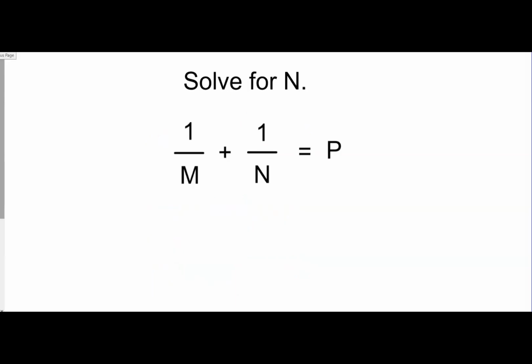Look familiar? Again, I promise you guys, this is one that you need to know. Just this time, instead of solving for M, you're going to solve for N. Give it a shot. Okay. So, we're going to multiply everybody by that common denominator, or LCM, which is MN.